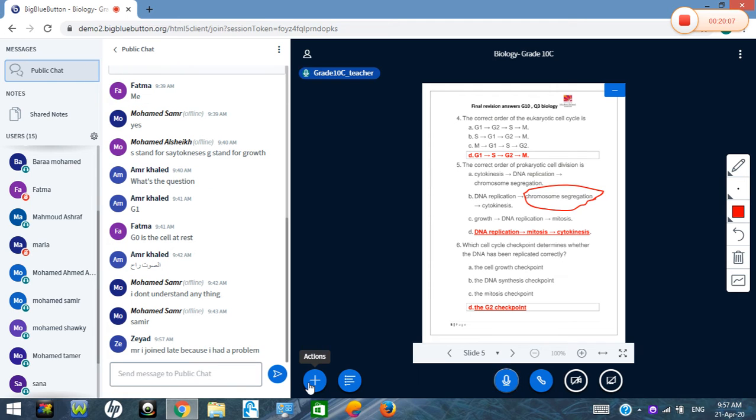Okay, and we say that we have two centrioles. Each one of them has its own spindle fibers. The spindle fibers attach to the chromosomes from the middle.